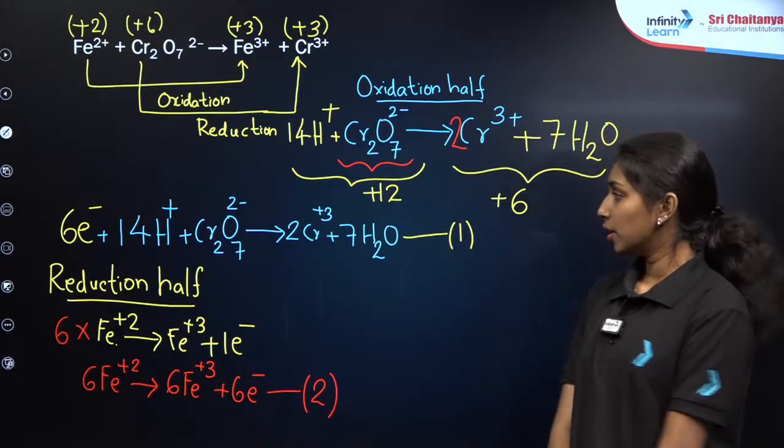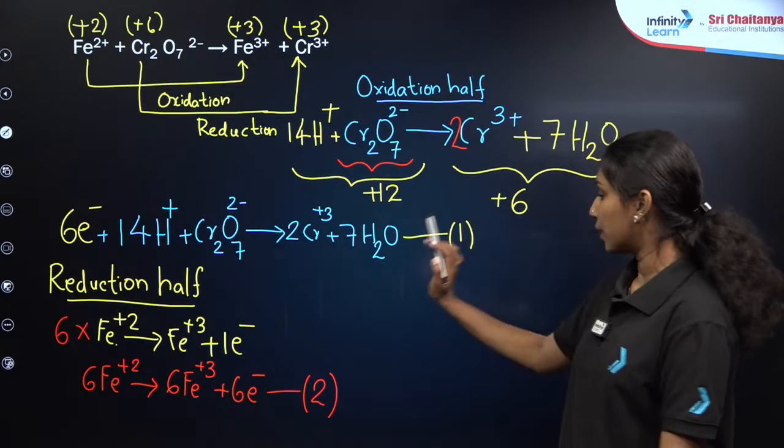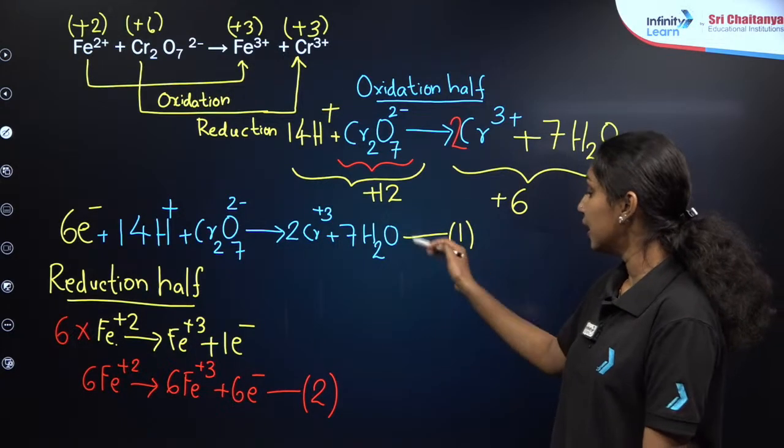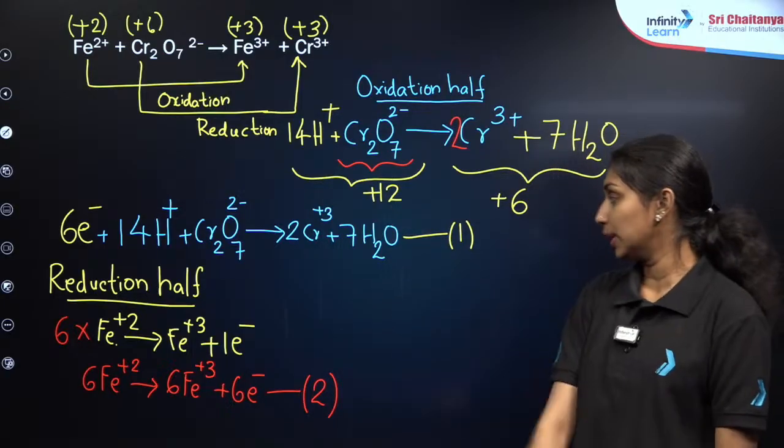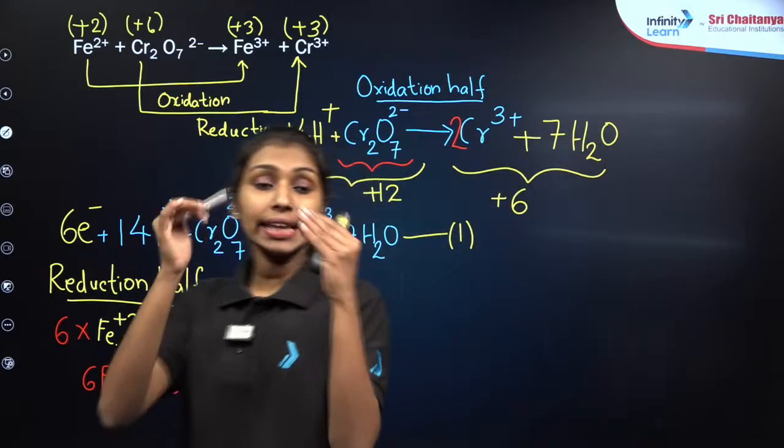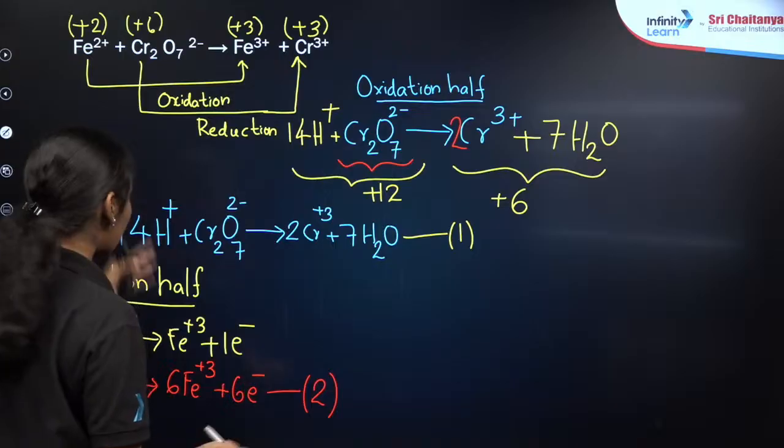Clear? We have already balanced the oxidation half reaction here. Then this is the reduction half reaction, balanced one. Now we have to add these two half reactions, so I am just adding here.